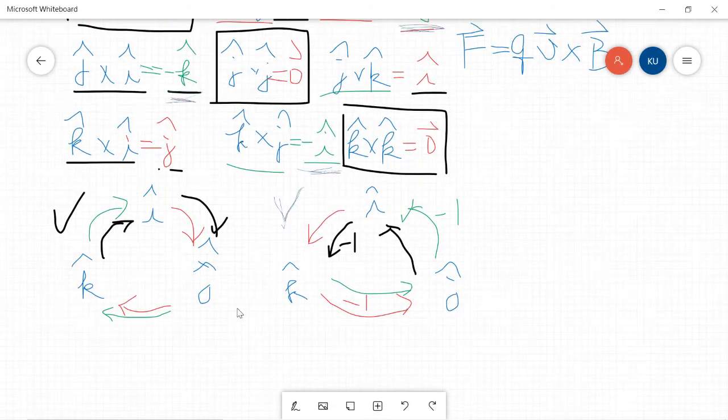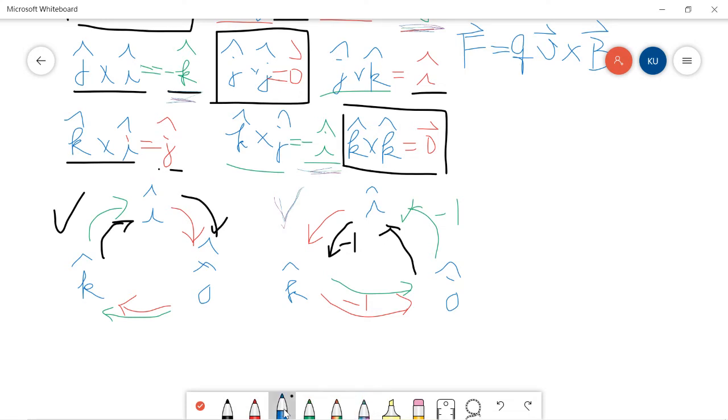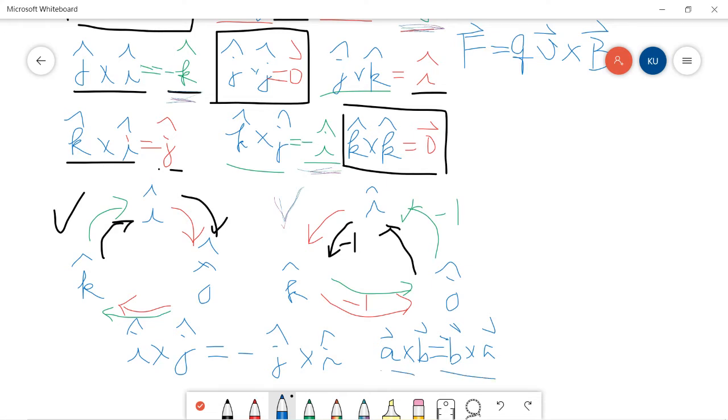And note that cross product is not commutative, which means that I cross J is equal to minus J cross I. We cannot simply exchange the order, because when we exchange the order, we should have another minus sign, which means we should have an additional minus 1 multiplied by it.